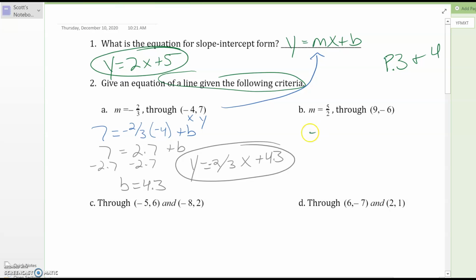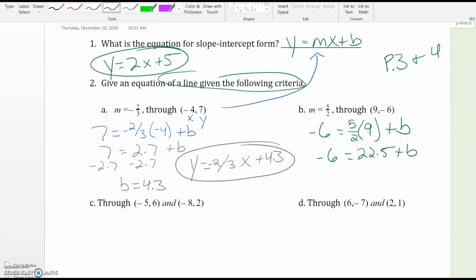For here, I'd have negative 6 equals my slope, 5/2, times my x, which is 9, plus b. Negative 6 equals, if I do 5 divided by 2 times 9, I get 22.5 plus b. Then I will subtract.